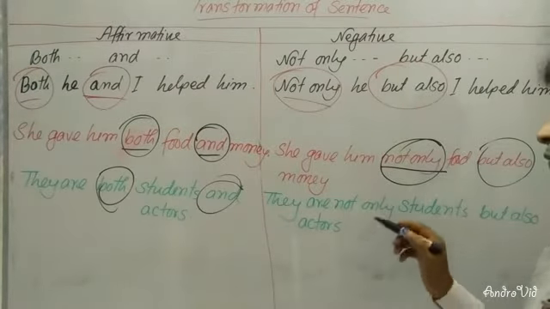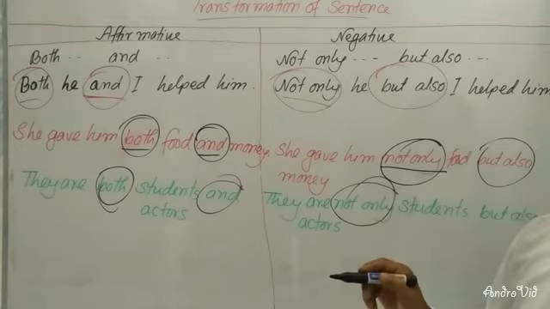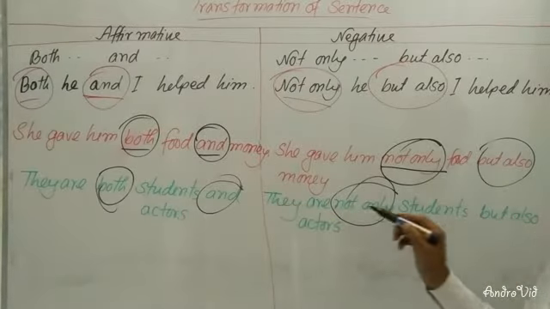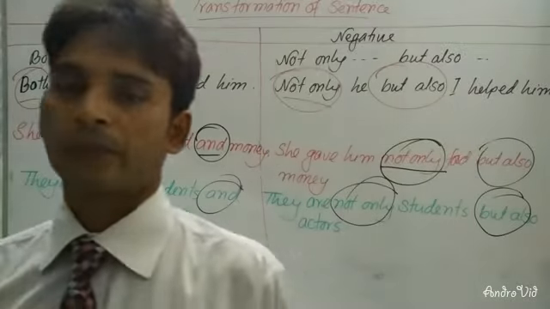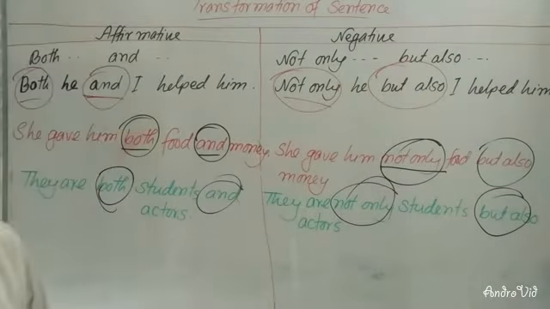So instead of both, I have used not only, and instead of and, I have used but also. So they are both students and actors. If there is the negative sentence, it will be they are not only students but also actors.